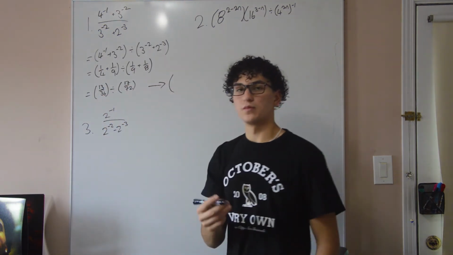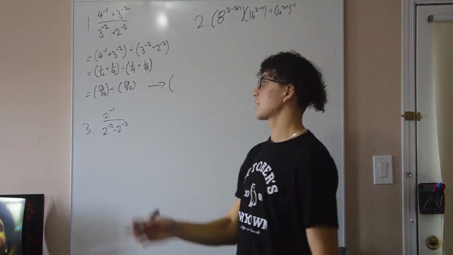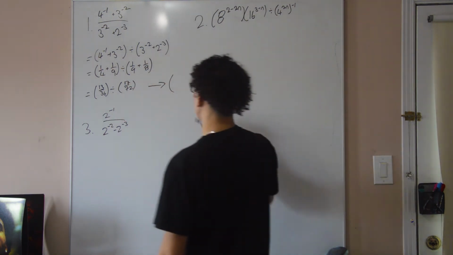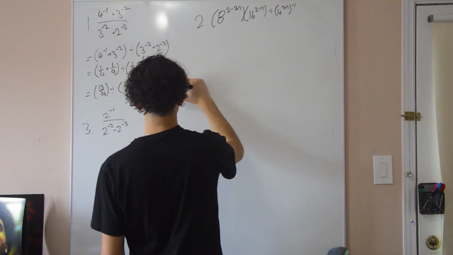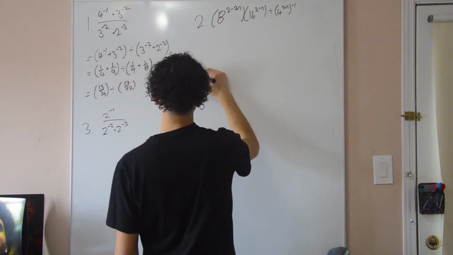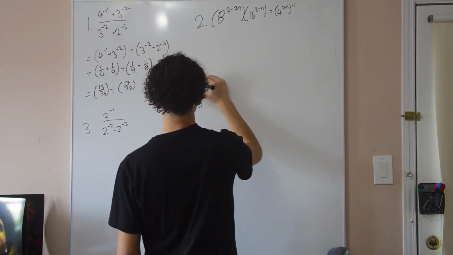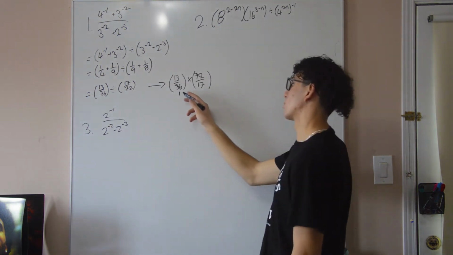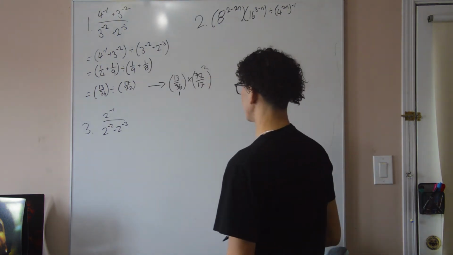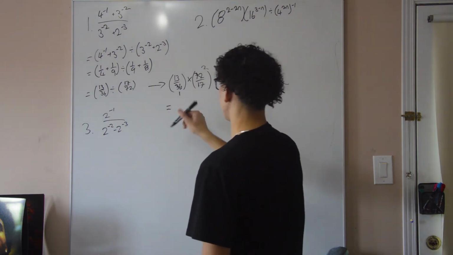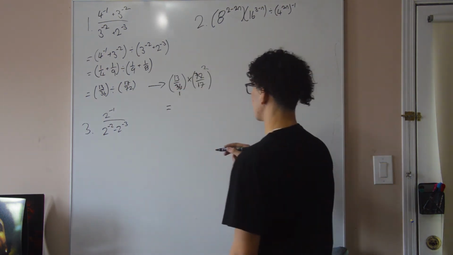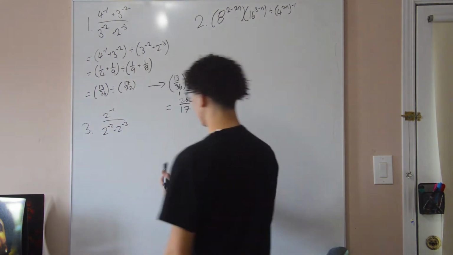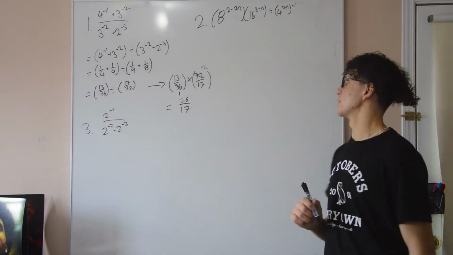If you remember what I said earlier about dividing fractions, we just turn this into a multiplication and flip the other one. So it becomes 13 over 36 times 72 over 17. And then that can cross out to 1, that can cross out to 2, and we get our final answer to be 13 times 2, so 26, over 17. That would be our final answer.